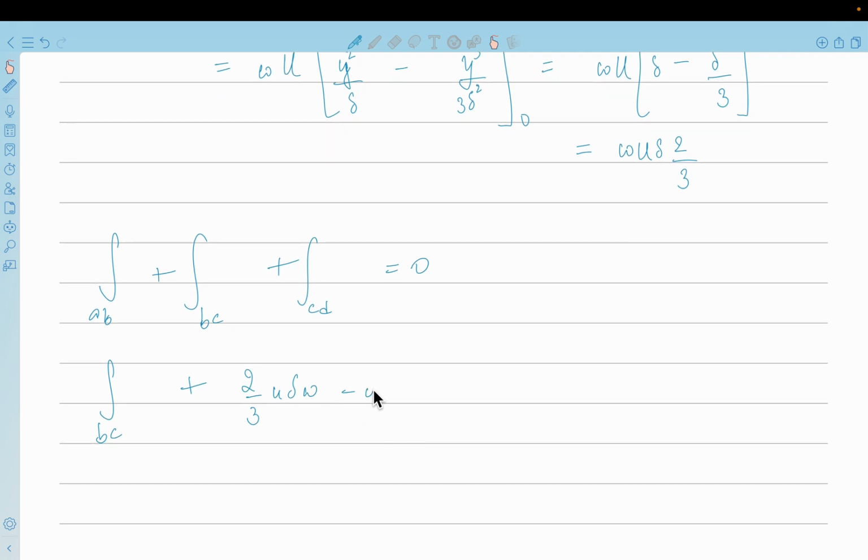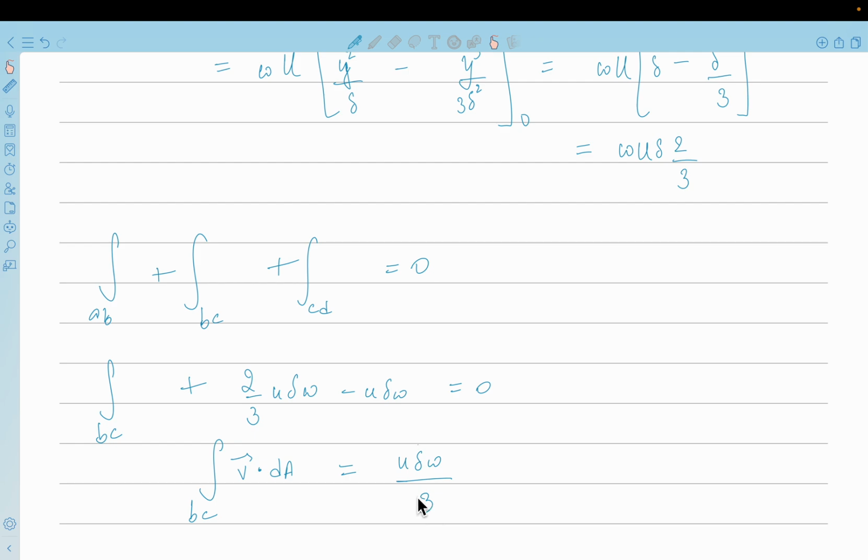So minus u delta w is equal to 0. So integral of v dot dA over BC is equal to, you just subtract and take it on the other side, you get u delta w by 3.